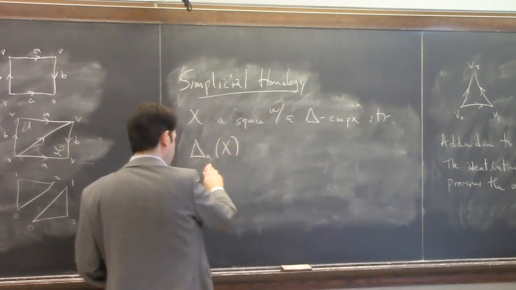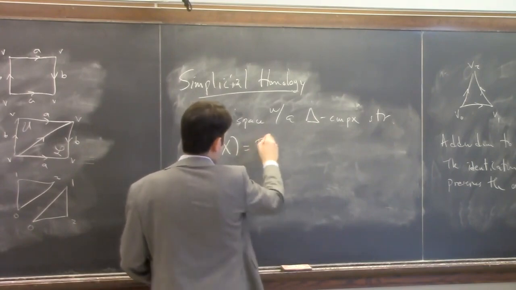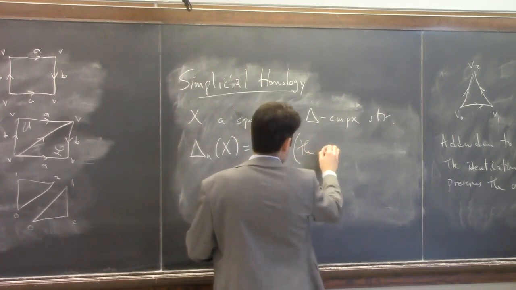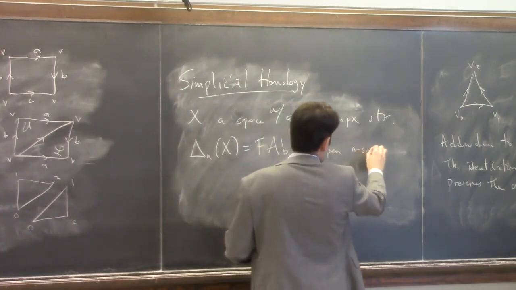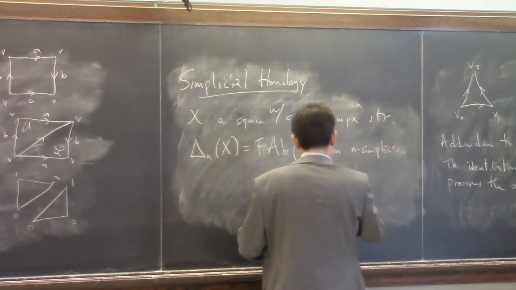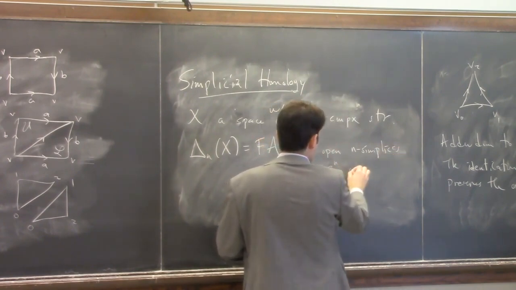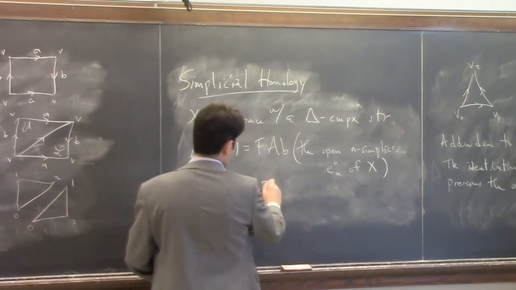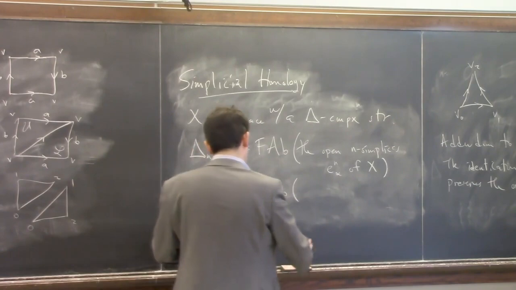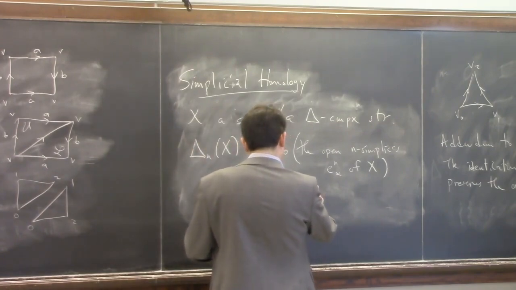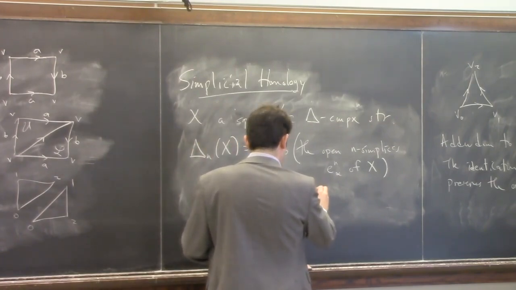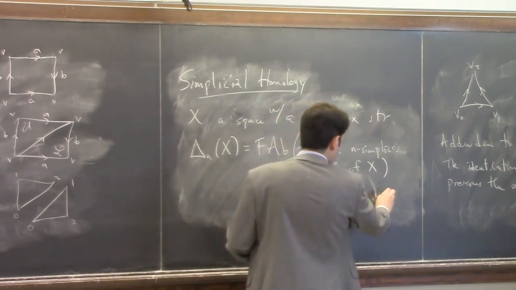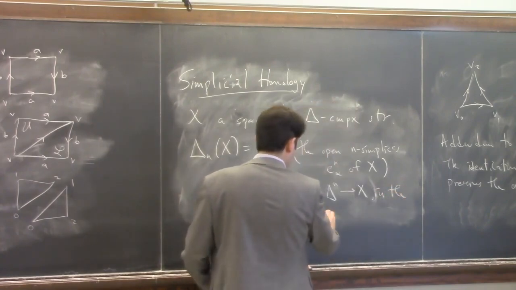So we're going to define delta sub n of X to be the free abelian group with generators the open n simplices e_n^alpha of X, or equivalently, and perhaps more usefully, the free abelian group with generators the sigma_n^alpha in the delta complex structure.